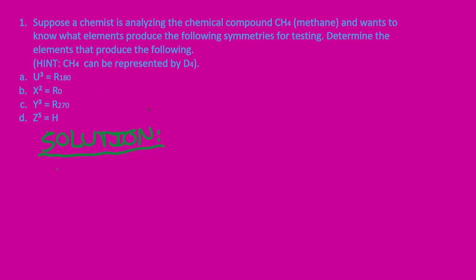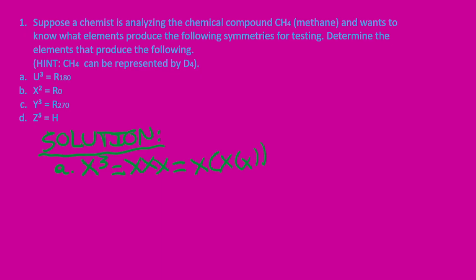For the first one, we have x cubed. Remember, this isn't exactly like multiplying like we would normally think of something raised to a power. It's actually a function composition.